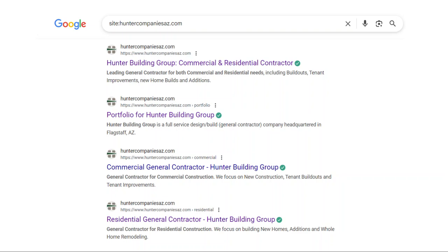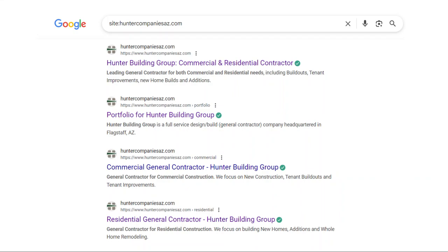So in this particular case, the name of this example is Hunter Companies AZ, huntercompaniesaz.com. When we put in just a few simple characters, the word is called site colon, huntercompaniesaz.com, a listing immediately comes up.